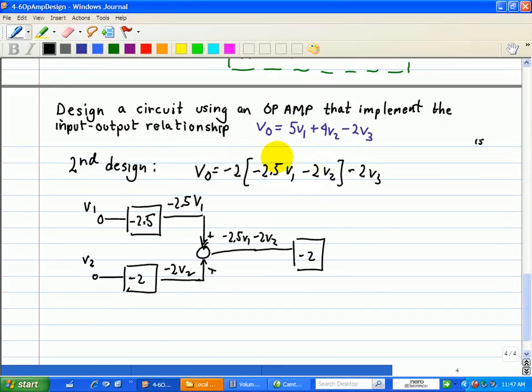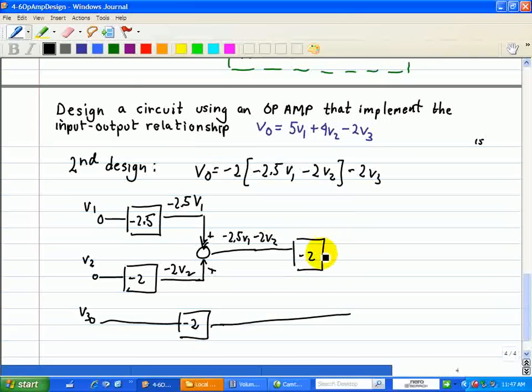We're also going to invert V3 with a gain of -2, and that's our term right here. And then we're going to take these two outputs, resulting in our output VO.